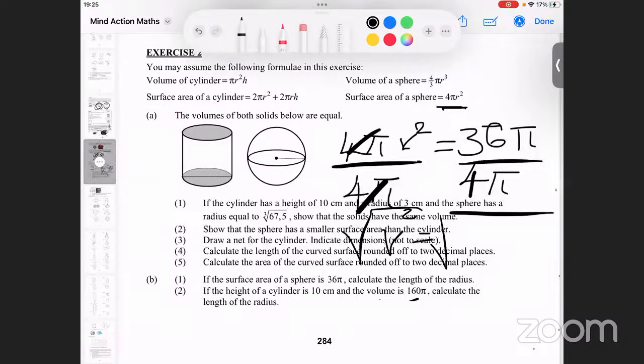We're going to have the square root of r squared, and then the square is cancelled by the square root, and we're going to have the square root of 36 pi divided by 4 pi. Now that is going to be the value of our r, which is the radius. So our radius is going to be the square root of 36 pi divided by 4 pi. And how much is that?